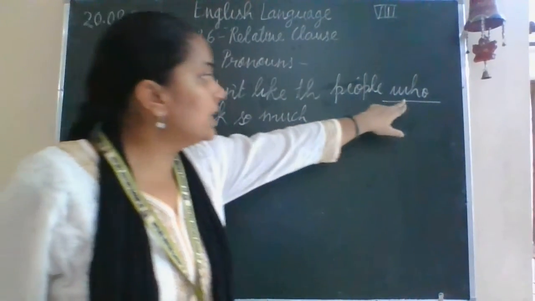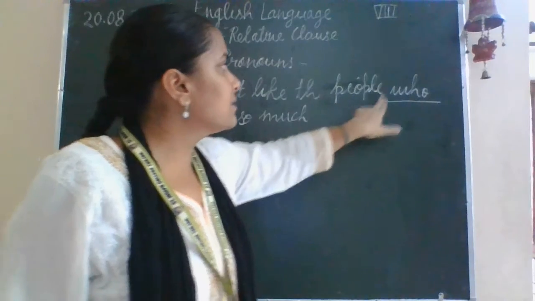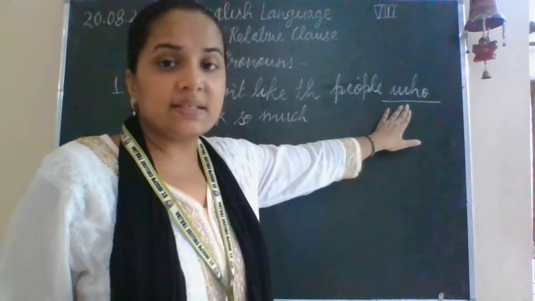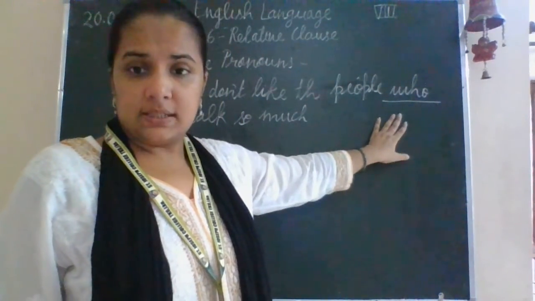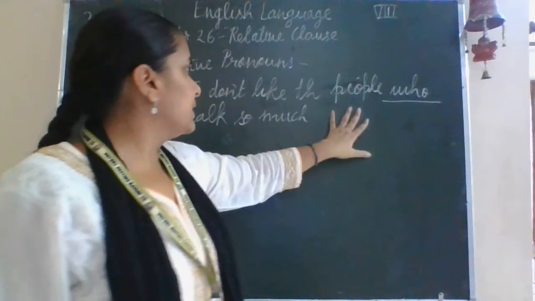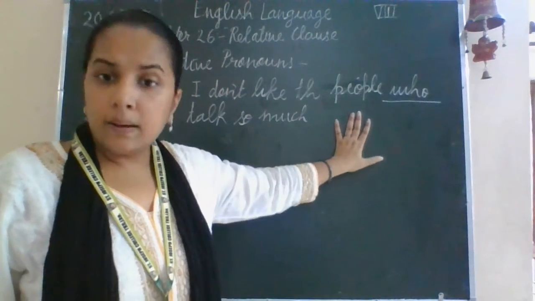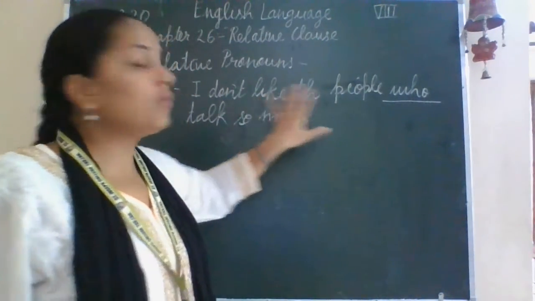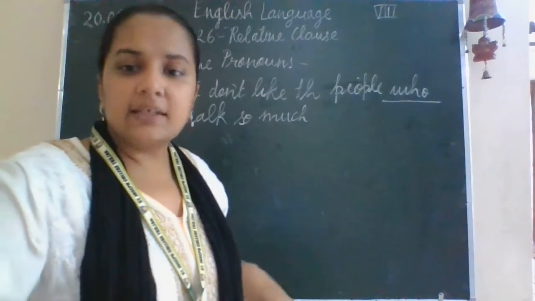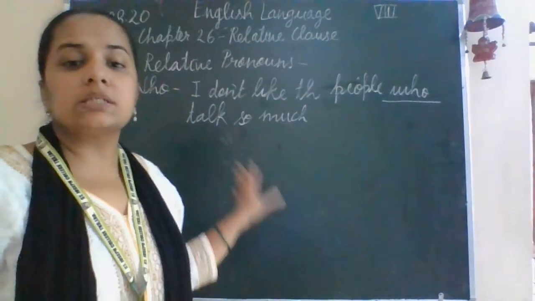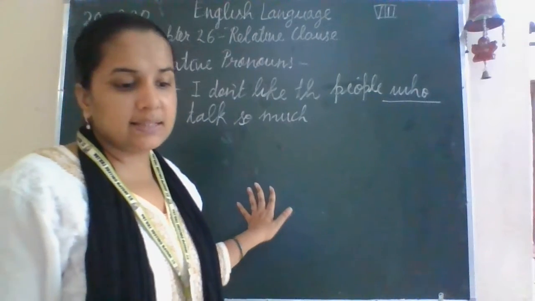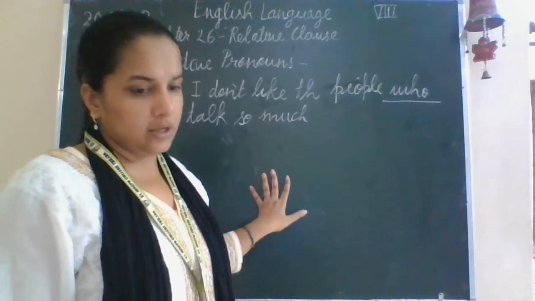That's why this is the relative clause. This is telling the relation between the talking and the people, or the liking of the person. So that is why here this clause works as the relative clause.